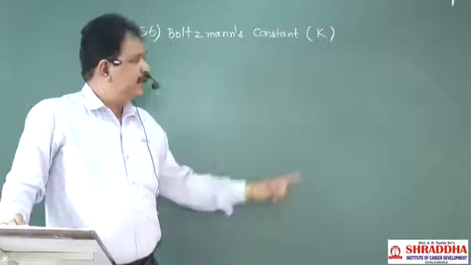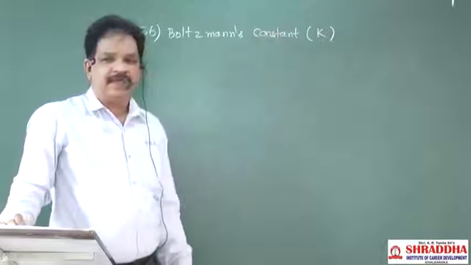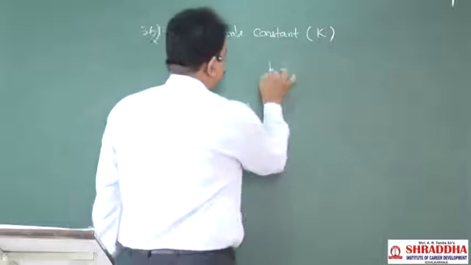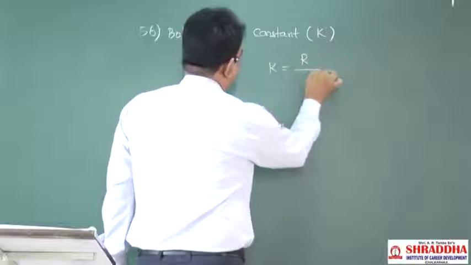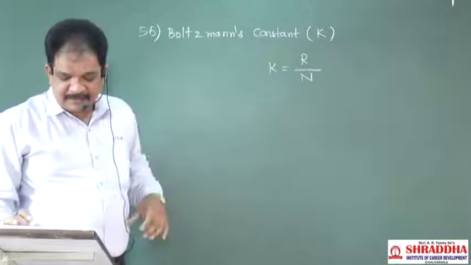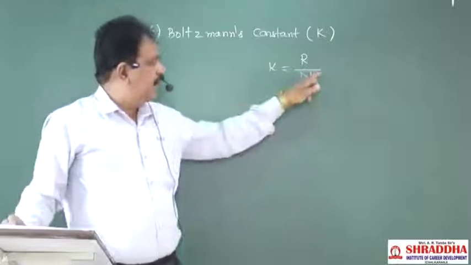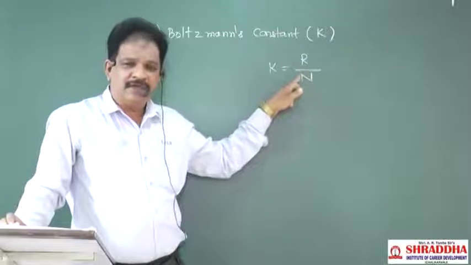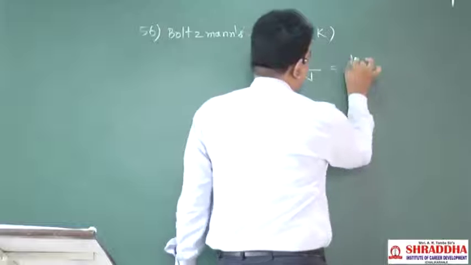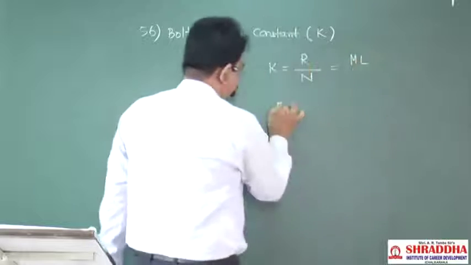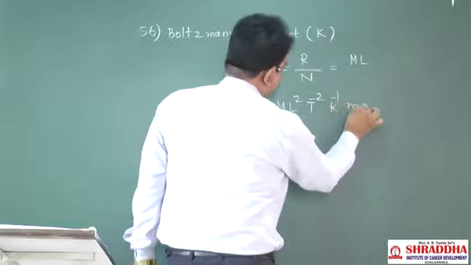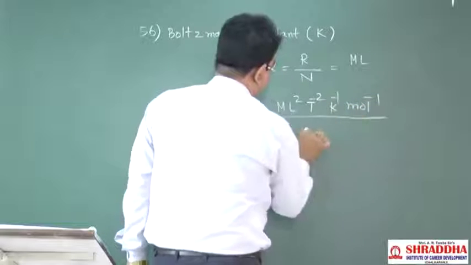Boltzmann's constant, it is represented by the letter K. Okay. So K is equal to R by N. Then what we will get here is this N will have mole inverse dimensional formula. So this value will be M L square T power minus 2 K power minus 1 mole inverse.